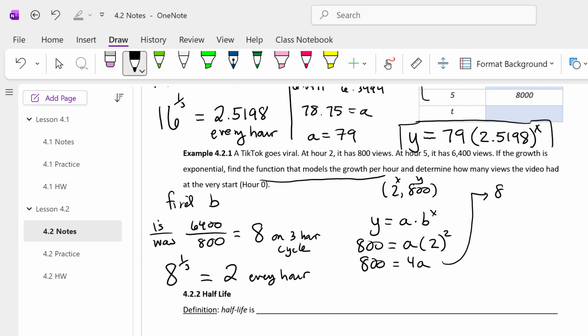So we're going to divide both sides by 4. And 800 divided by 4 is going to give us 200 as our a value. So our equation should say 200 starting value, doubling every hour, and repeat it.